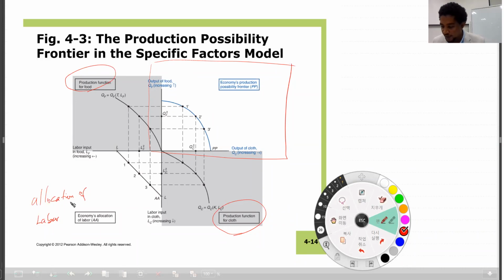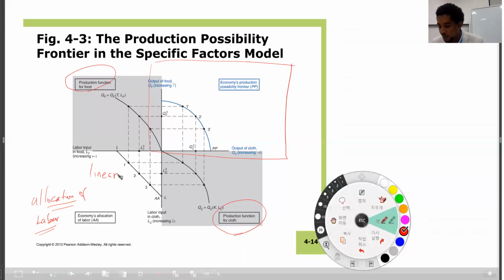The quadrant at the left below shows the allocation of labor, where we have a linear relationship. The relationship between these 2, labor input in food and labor input in clothes, is linear.